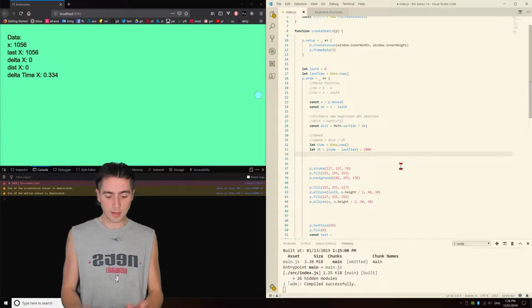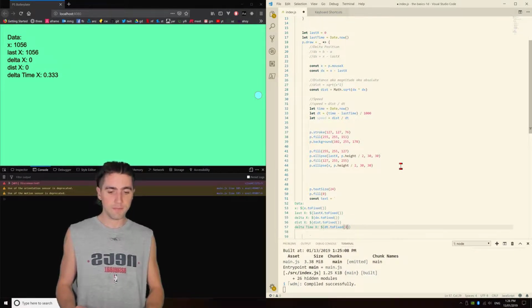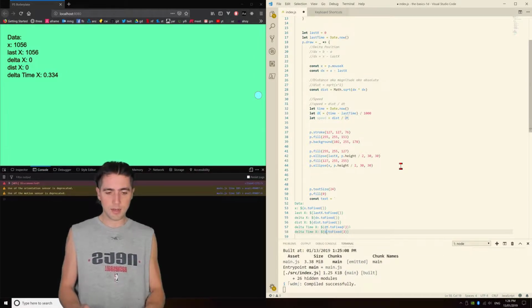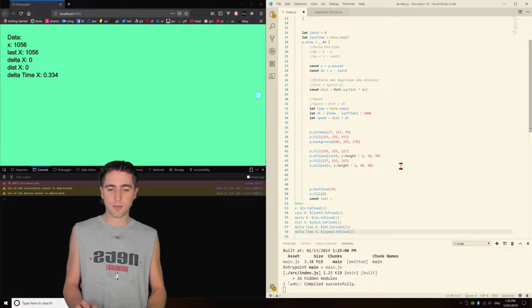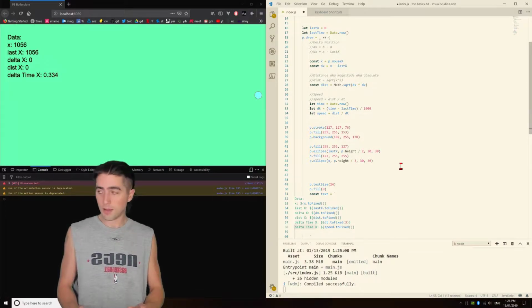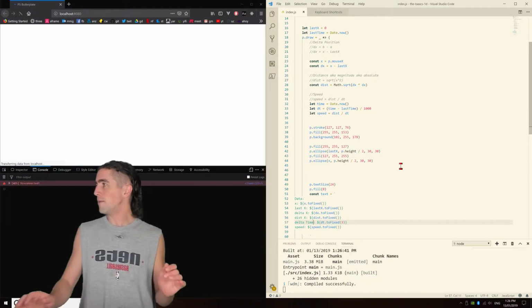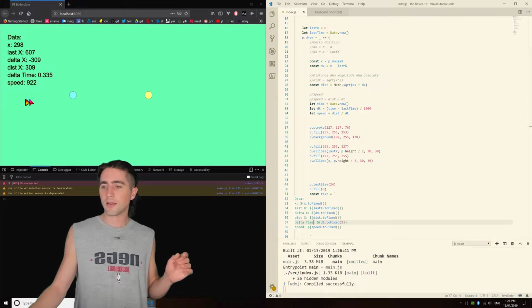Okay, so let's see if we can do that. So we'll go ahead and say let speed equal dist over delta time, and we'll go ahead and print that out. We shouldn't need decimal places for speed. Yeah, we don't need delta time x. Just say delta time. All right. Give that a go. Okay.